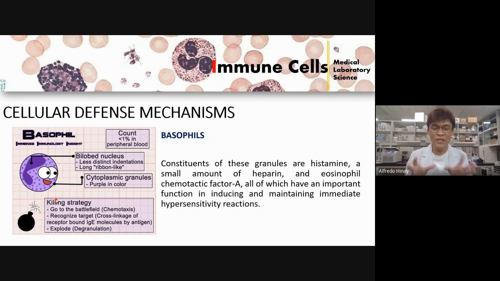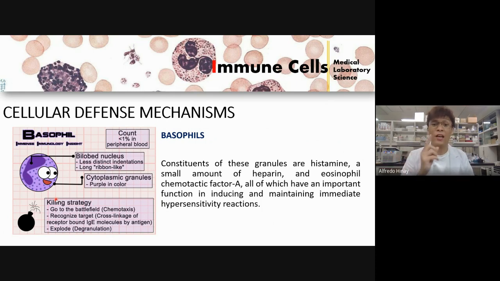So your basophil will release chemotactic factor A, then it will call out your eosinophil, then your eosinophil will help your basophil, di ba? Because they're very good friends sila.